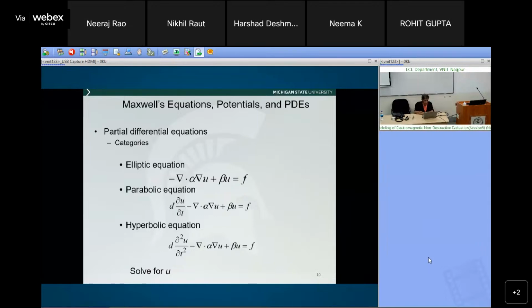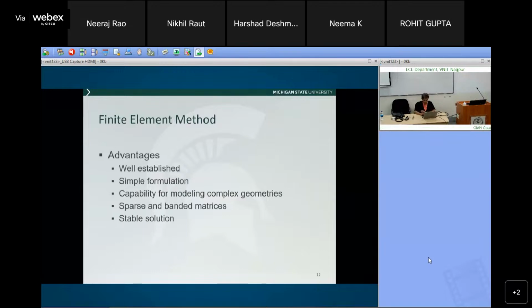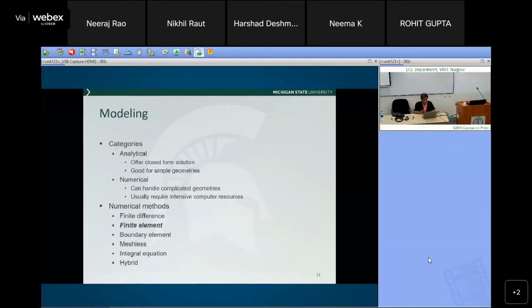All this can be derived from Maxwell's equations, either in terms of the field quantities or in terms of the potentials, okay? And there are a lot of advantages and conveniences when you use the potential. Once you have the differential equation, you can solve it. The solution of that equation is your model, right?